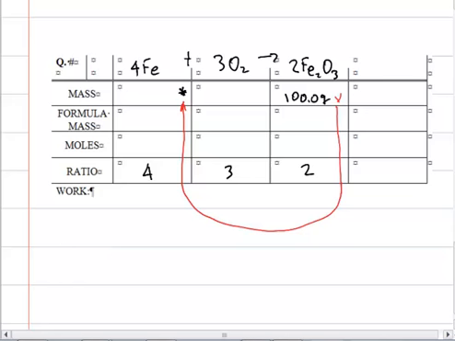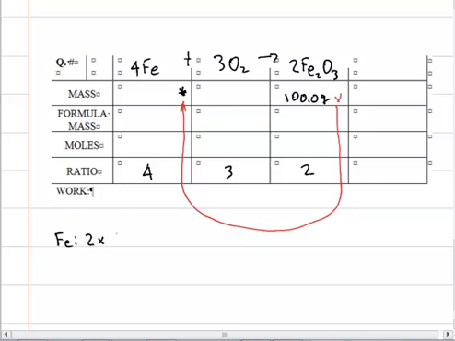We have our iron, and I'm using this formula here. Remember, ignore the coefficient now. We're just using the subscripts.